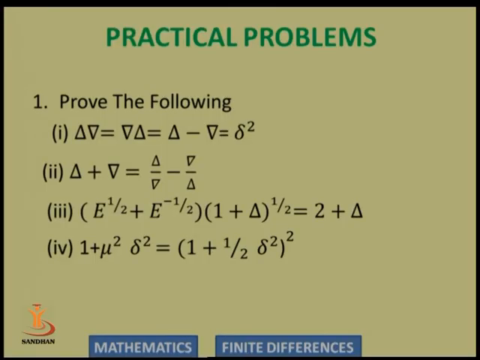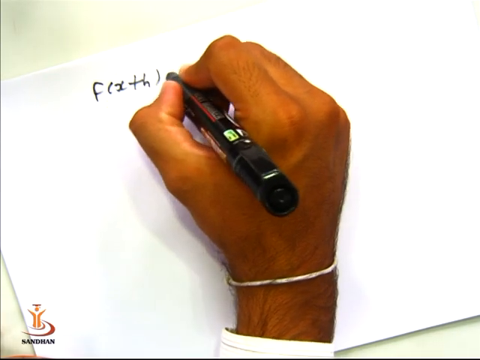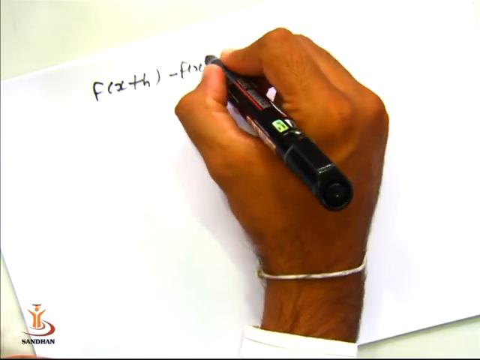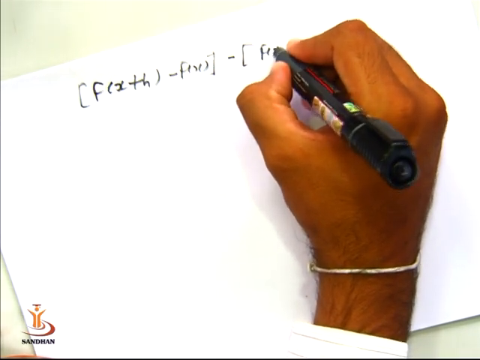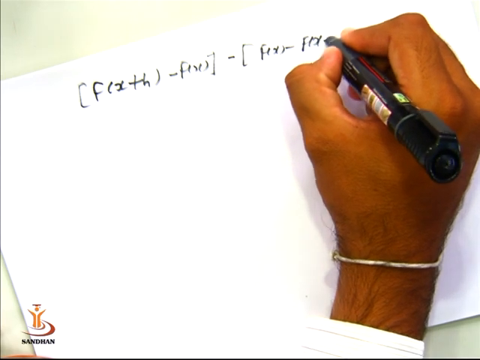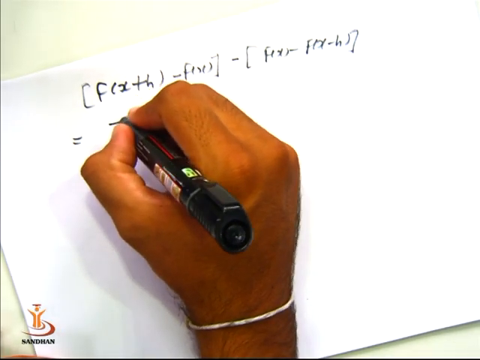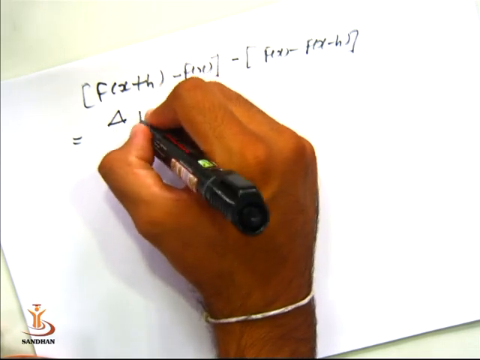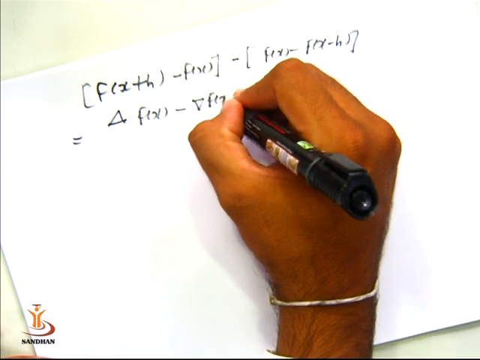So as a result we got f(x plus h) minus f(x), the first part, minus another part, f(x) minus f(x minus h). So as a result we got delta f(x) minus nabla f(x).